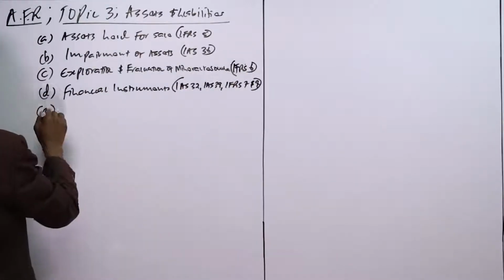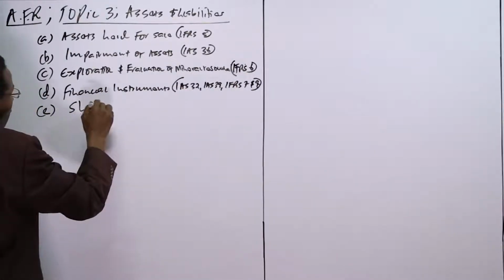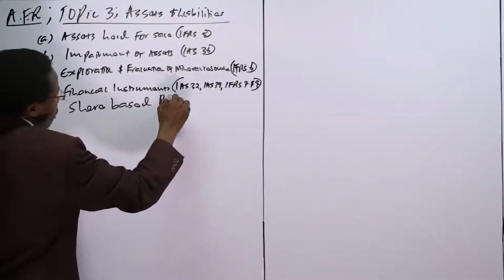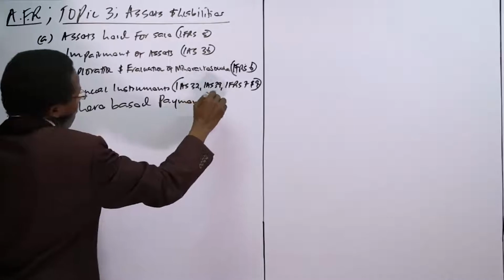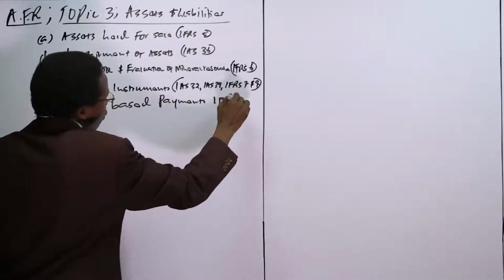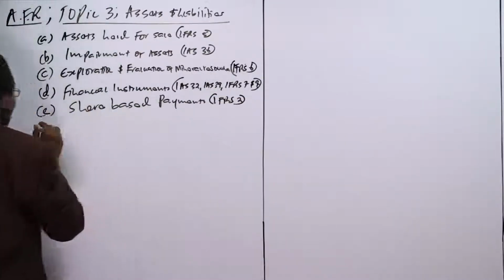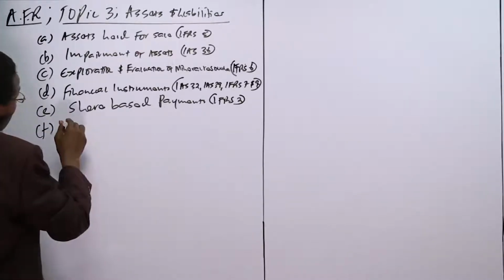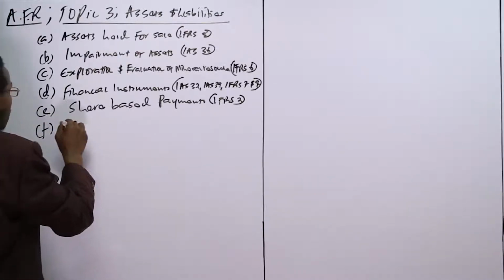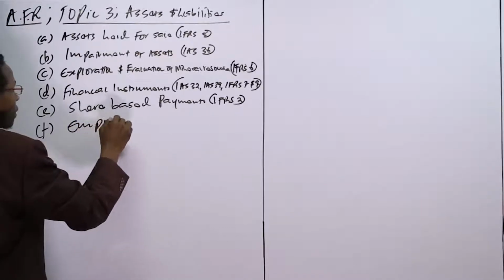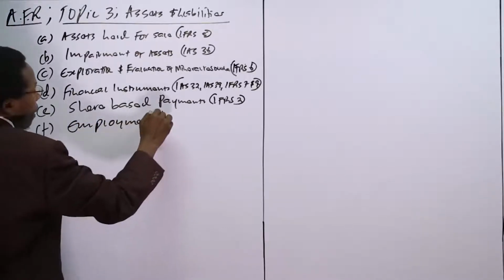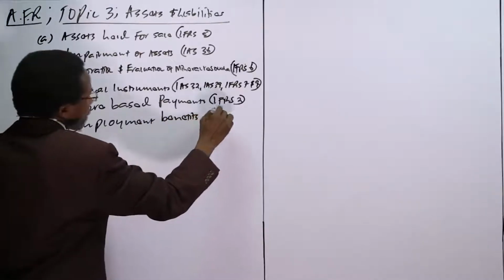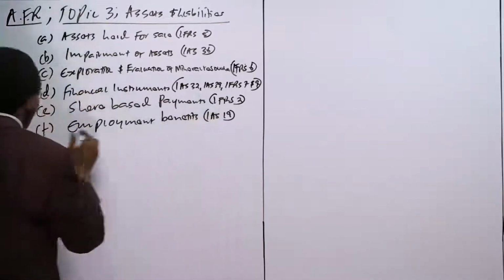Then we also have share-based payments. That is IFRS 2. Then we also looked at employment benefits, IAS 19.